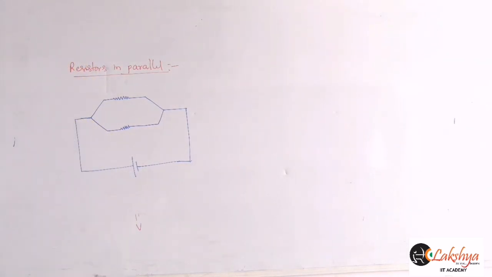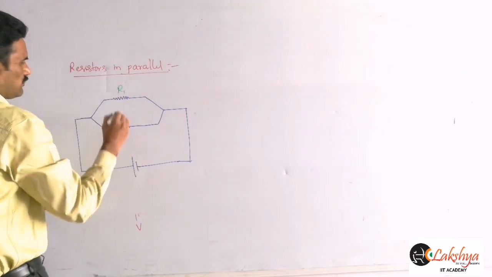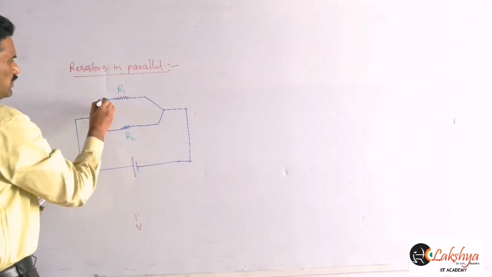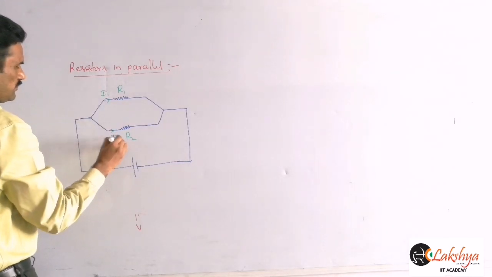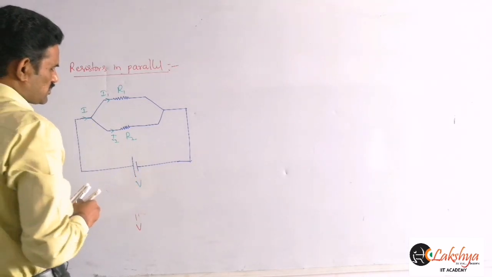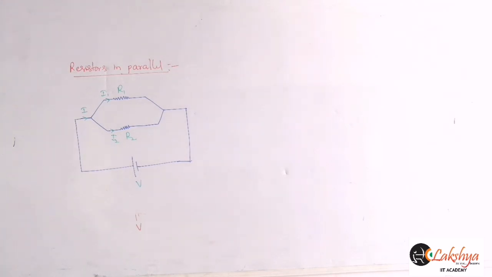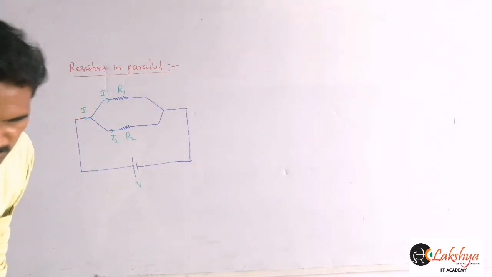Got it? Now suppose this is R1, R2, and here current flowing, this is I1 and this is I2, and the total current is suppose I, and this is the potential difference applied V. That means now here, parallel means, write that definition.